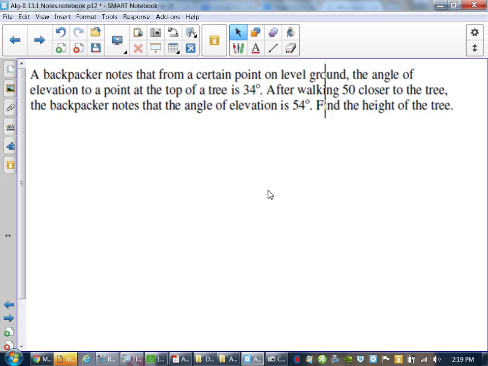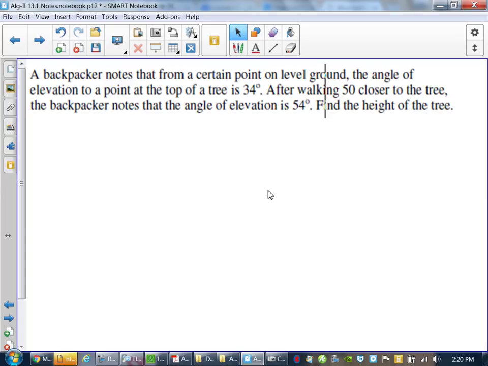So a backpacker notes that from a certain point on level ground, the angle of elevation to a point on top of a tree is 34 degrees. After walking 50 feet closer to the tree, the backpacker notes that the angle of elevation has changed to 54 degrees. Makes sense, as you get closer to something, it's greater.